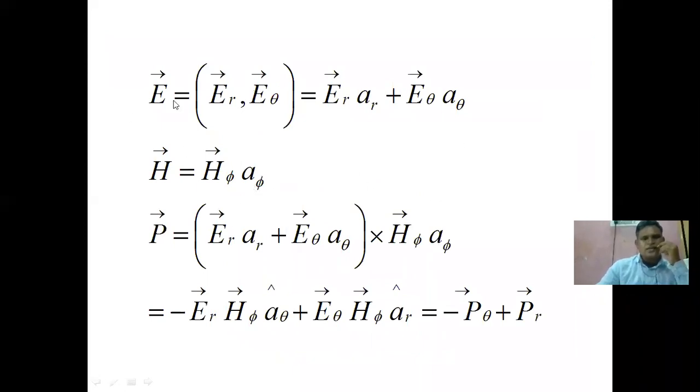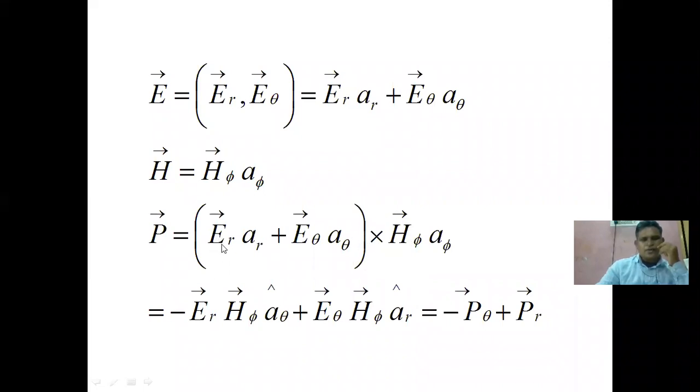That's why you can write E bar is equal to ER AR plus E theta A theta. Magnetic field intensity has only one component, the phi component. Therefore, the average power P is equal to E cross H bar. Now substitute these two terms for E and this term for H, and perform the vector cross multiplication.